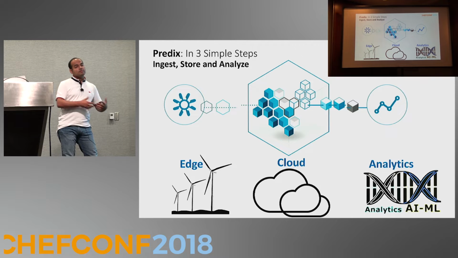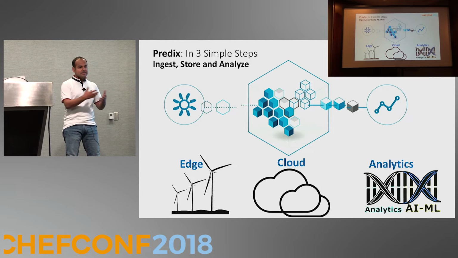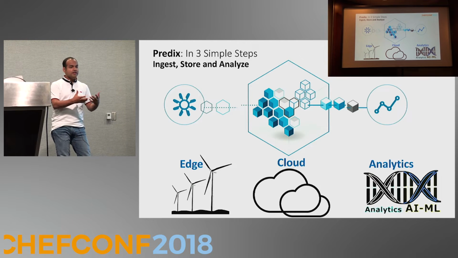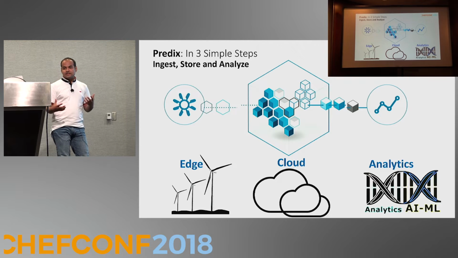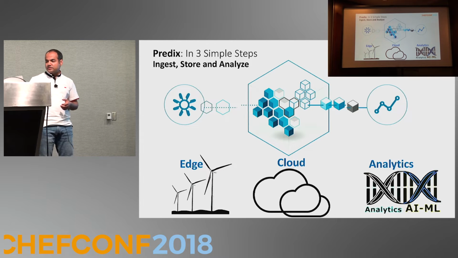When I say store, bring it to the cloud, not all of it, but at least some of it, or most of it, and store it in the big data stores in the cloud. And analyze means then run analytics like AI, ML, or even simple analytics like a time-based chart, how my asset is doing over time. So ingest, store, analyze is our mantra.